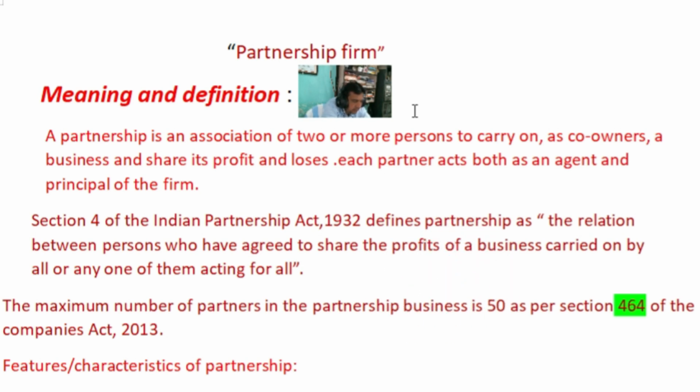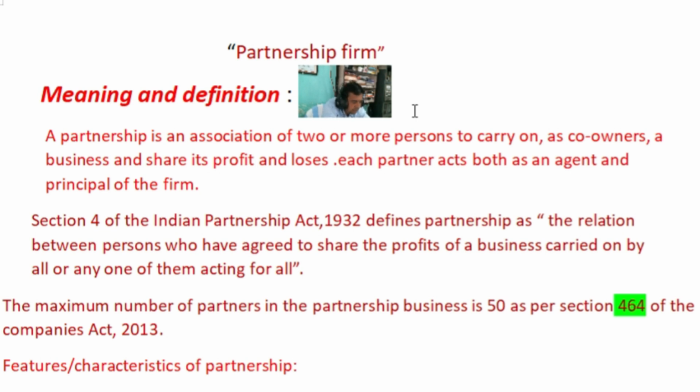As you know, there are different forms of business organization. Among them, the most popular businesses are sole proprietorship business, thereafter partnership business, and thereafter company form of business. In the sole proprietorship business, one person controls, supervises, and manages all the business activities.